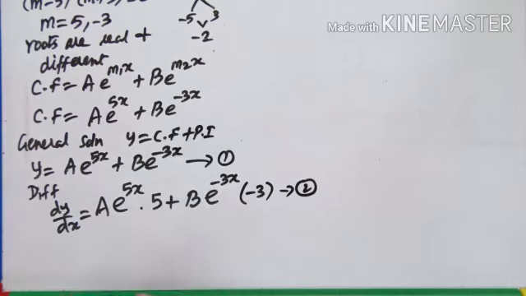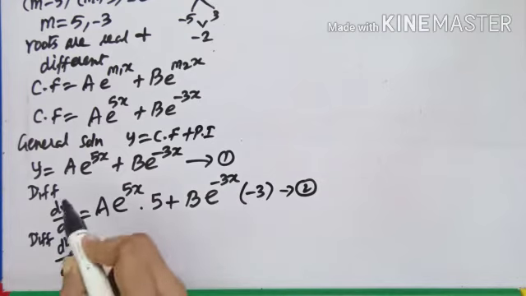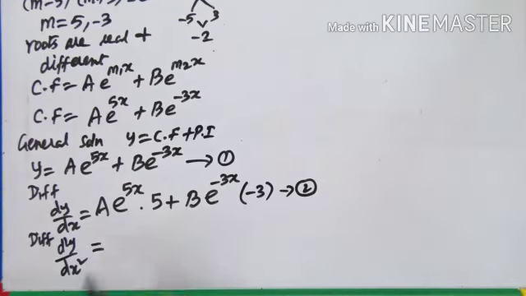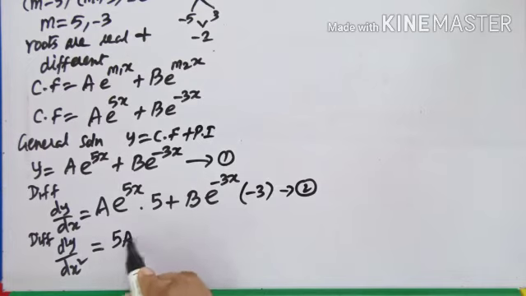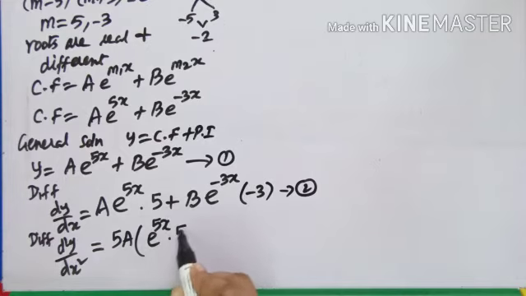Now I need one more derivative because they have given d²y/dx². So when I differentiate dy/dx, it will become d²y/dx². It is already 5A e^(5x), which will become e^(5x) into 5.